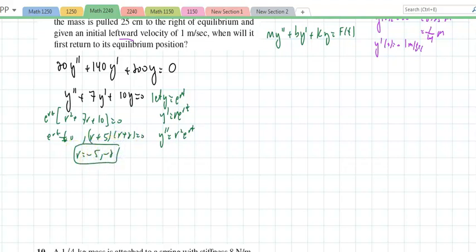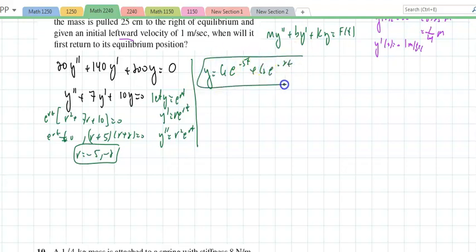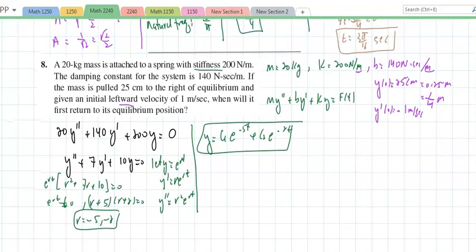Well, sine and cosine are very easy to predict because of the graphs, you know. So this one is slightly different. c sub 1 e to the negative 5t plus c sub 2 e to the negative 2t. Now, if I use my initial conditions, y of 0 is c1 plus c2, and that is 1/4.